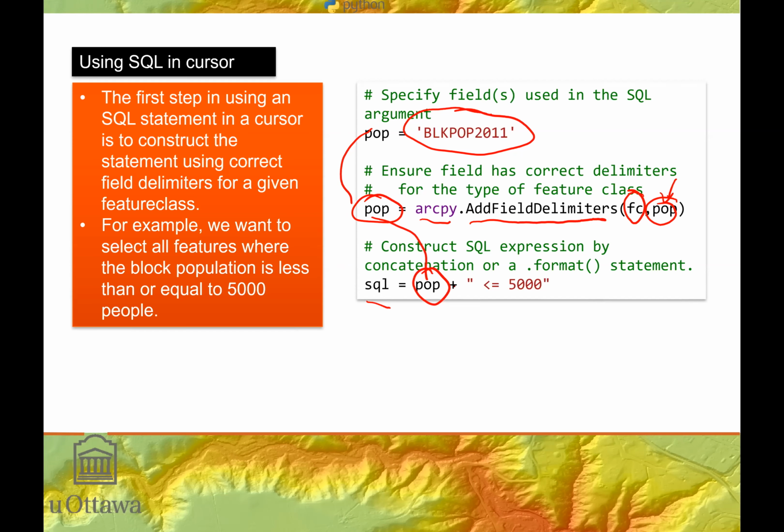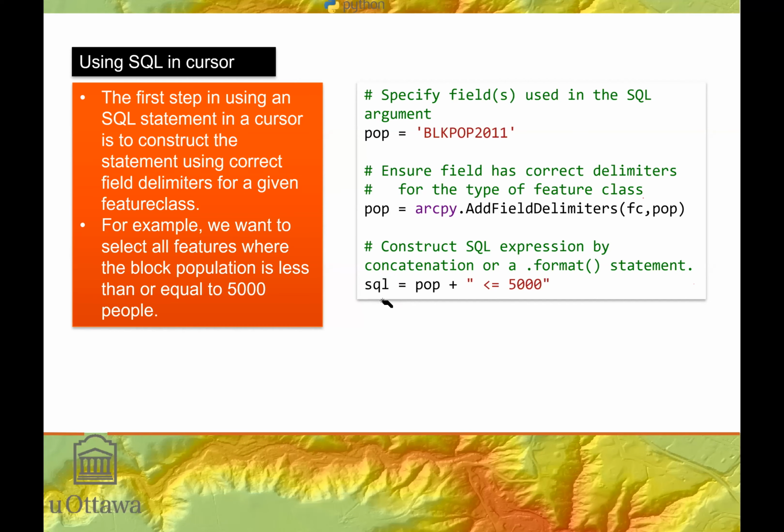I say pop plus the concatenation operator, and then in quotes, the rest of my query string, so that condition. So with those conditional operators, less than, equal to, which are inequality, then I can add this within my cursor statement right here.